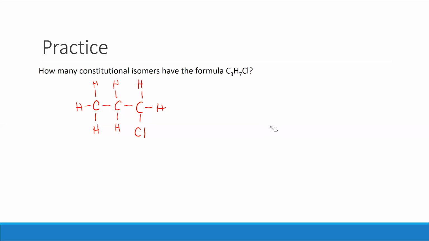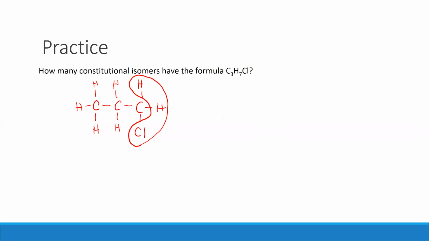So now let's think about ways that we could make this different. Something we will talk about and learn is that positions on a carbon, for example these hydrogens and this chlorine, are equal. We're going to talk more about this. That's because this carbon can rotate.